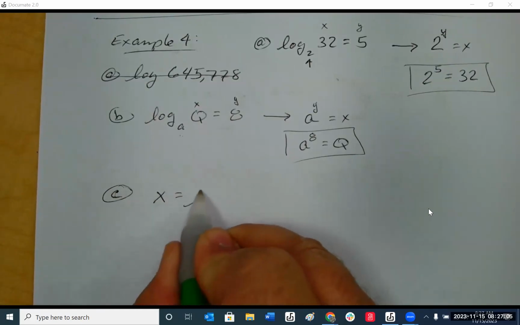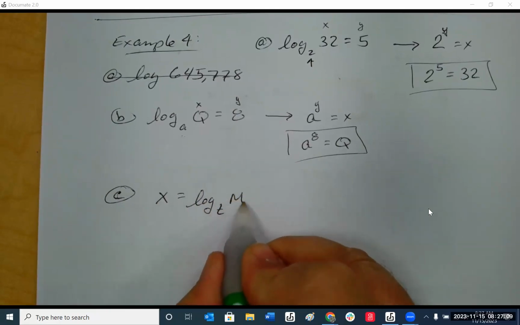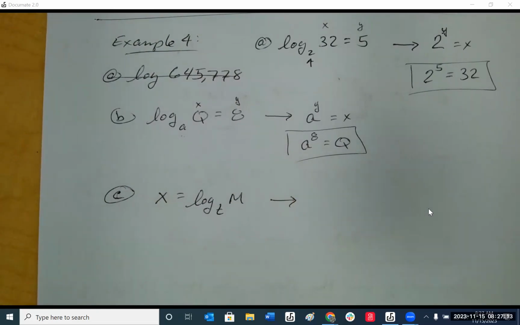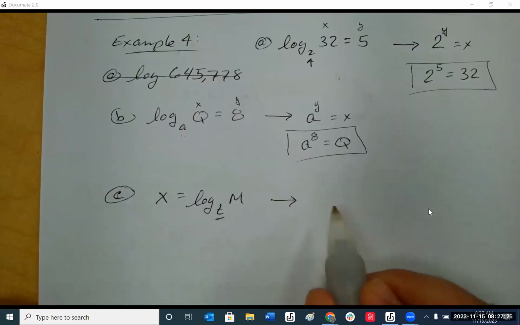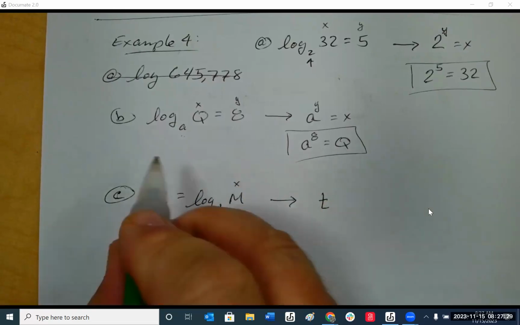x equals log base t of m. Write that as an exponential. The base is t. This is x and this is y.